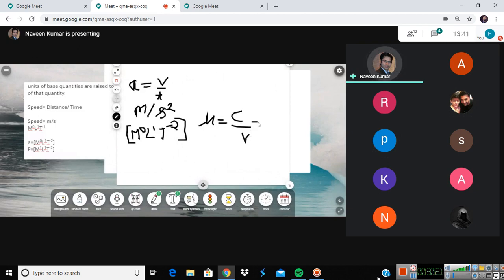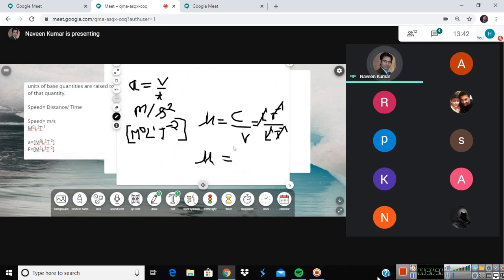The dimensional formula of speed of light c is L1 T minus 1, and similarly in the denominator it is L1 T minus 1. So they cancel out with each other. So there is no dimensional formula of refractive index.